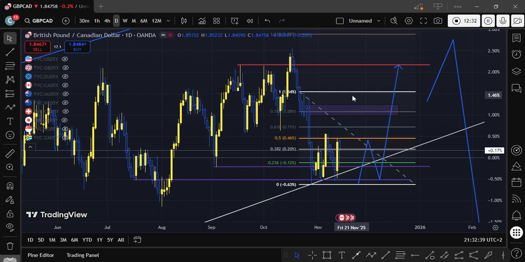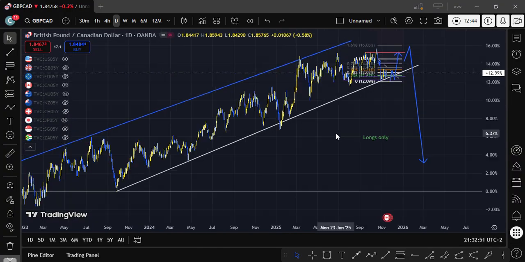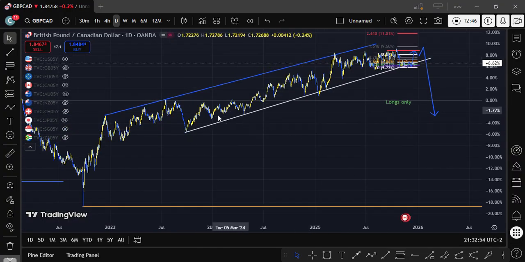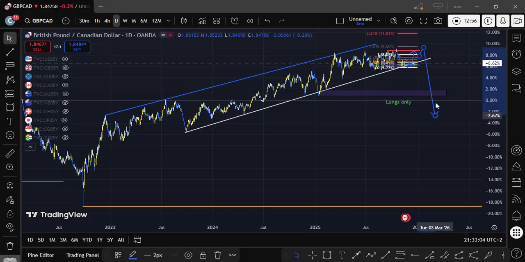And after that pullback, we are looking for another sell, the pricing in of this fourth quarter that is also selling. So the sales are not going to end here. They might as well go all the way down to a previous order block that might be here. I don't know where that order block will be, but we might get something like this.